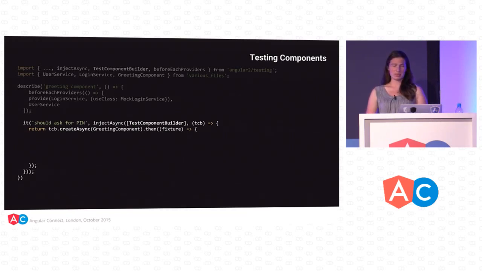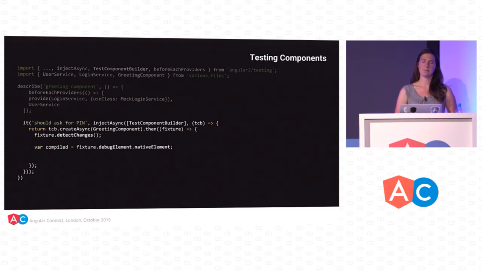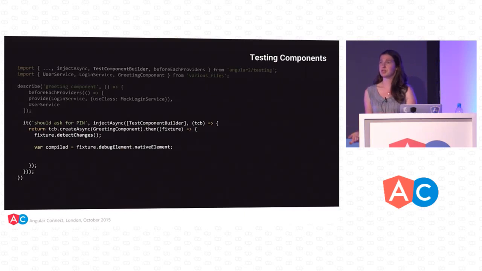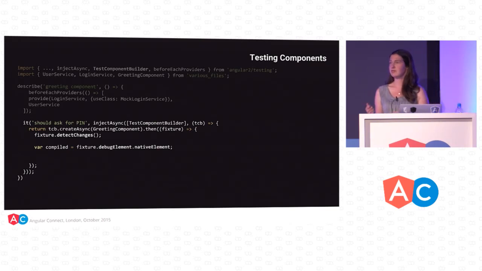We ask the TestComponentBuilder to create a greeting component for us, and it returns a fixture for dealing with this component that it's created. The fixture lets you detect changes from the component, it lets you destroy the component, and it also has this debugElement property, which lets us get a lot more information about what Angular knows about the component that it's created. Primarily, we can get at the actual native HTML element with the nativeElement property.